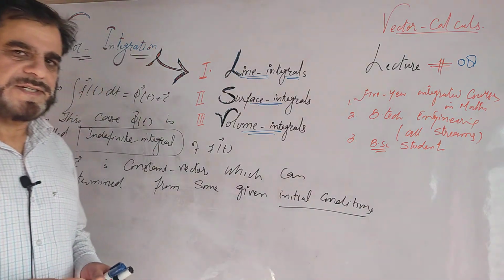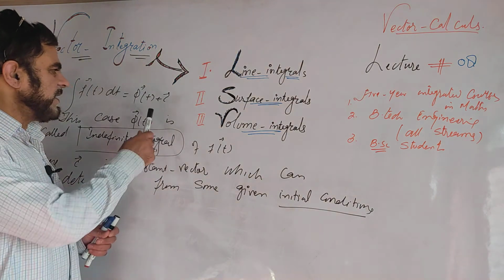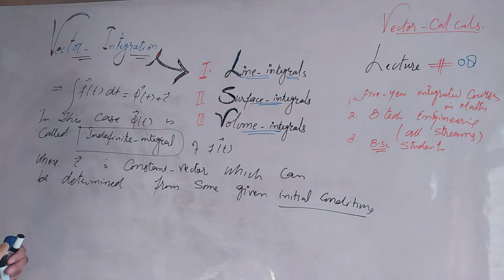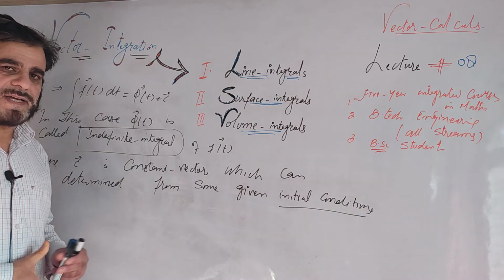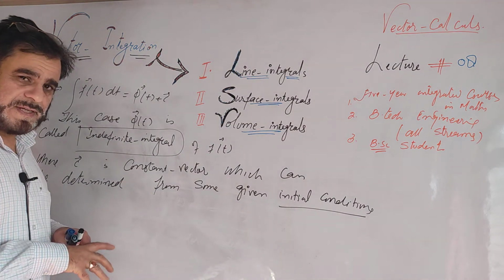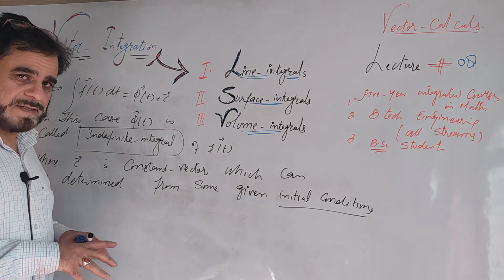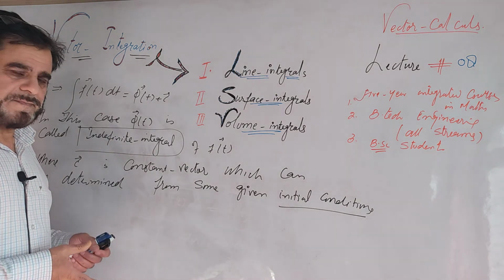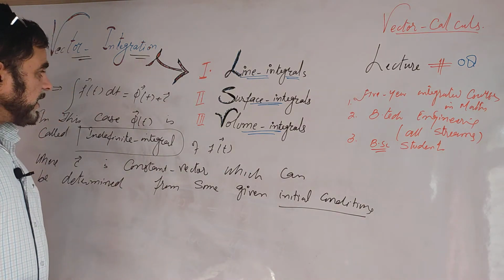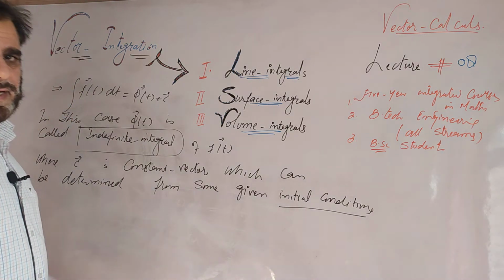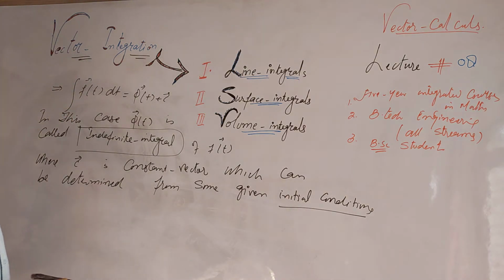From those initial conditions, we can find out this constant vector, which is also now called the constant of integration. Sometimes this can be a scalar, and sometimes it is a vector. I will tell you later. This is the simple definition of vector integration. It looks the same as what you did in your previous work.